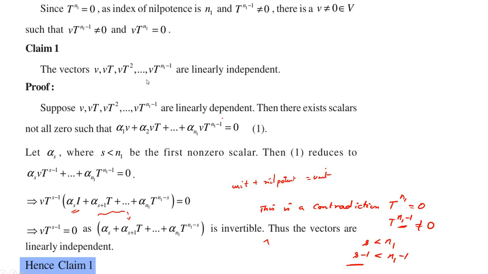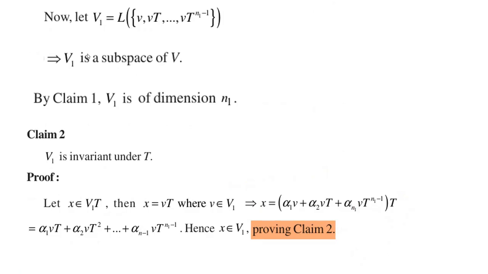Obviously they are n1 in number. So we consider the linear span of these vectors as V1, that is L(S). Whenever S is a non-empty subset of a vector space V, we know that L(S) is always a subspace. So V1 is a subspace of V, and these vectors span V1 and are linearly independent, and therefore they form a basis.